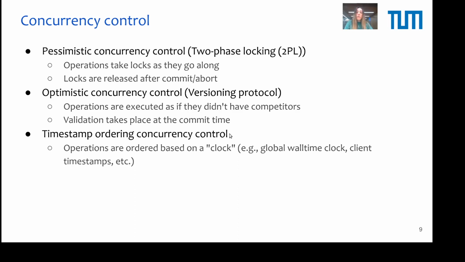In addition, we have optimistic concurrency control, where the operations are executed as if they didn't have any competitors, any data races, and a validation takes place at commit time. Lastly, we have timestamp ordering concurrency control, where operations are ordered based on a global wall-time clock, or on timestamps generated by the client.